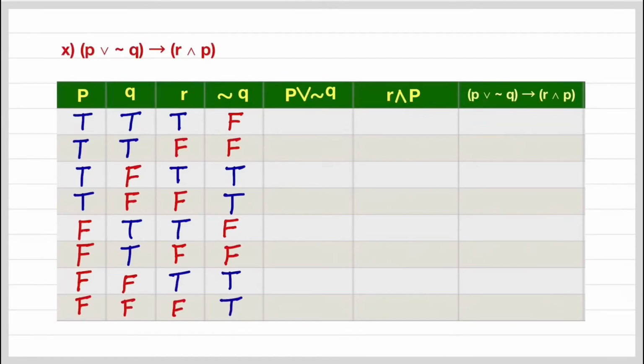Now we have to take disjunction, P or negation of Q. Disjunction is false when both the statements are false, otherwise it is true. F or F is equivalent to F. See where this condition is satisfied. Fifth and sixth place. Both the statements are false. Therefore, their disjunction is false and all other entries are true.